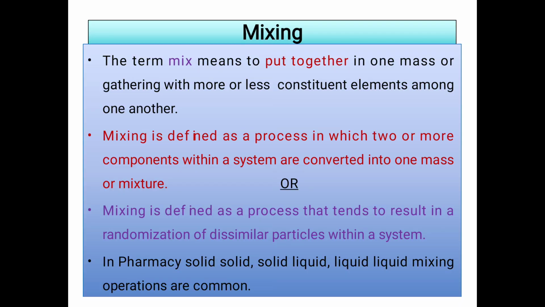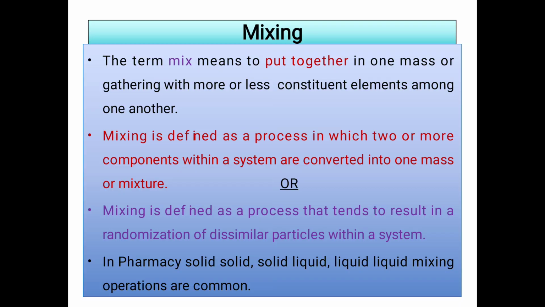Next one is mixing. Mixing is a unit operation in which two different products or substances are mixed together. The term mix means to put together in one mass. Mixing is defined as a process in which two or more components within a system are converted into one mass mixture.